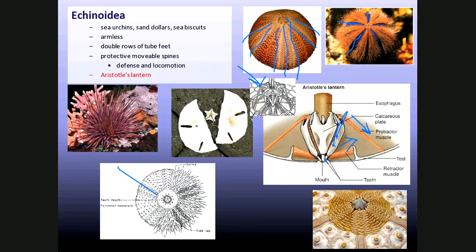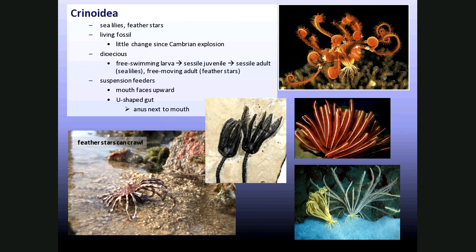Now, a couple of other groups that belong here with the echinoderms that really don't look anything like them are the things called the Crinoidea. These are the sea lilies or the feather stars. Sometimes they're called sea pens.